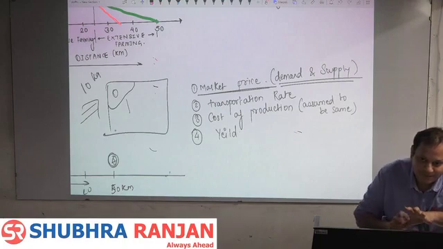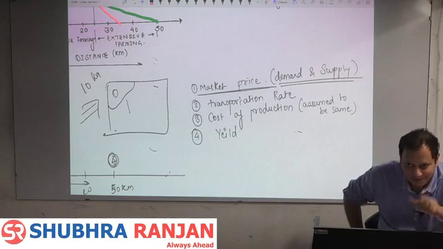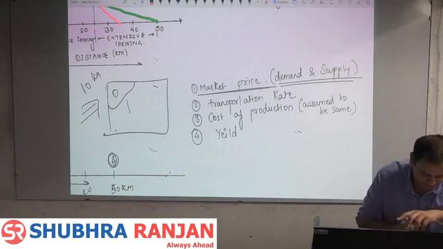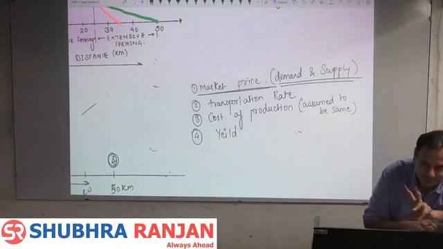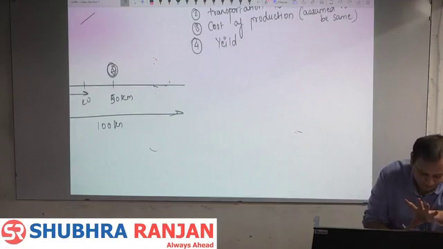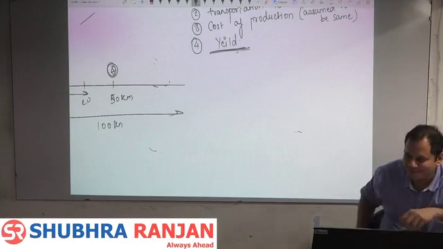What is intensity? How can they be same? That is what I am saying. Production is total. Productivity is per unit. Intensity is also per unit. Fine? Yield is production. Capacity is capacity, production is outcome.